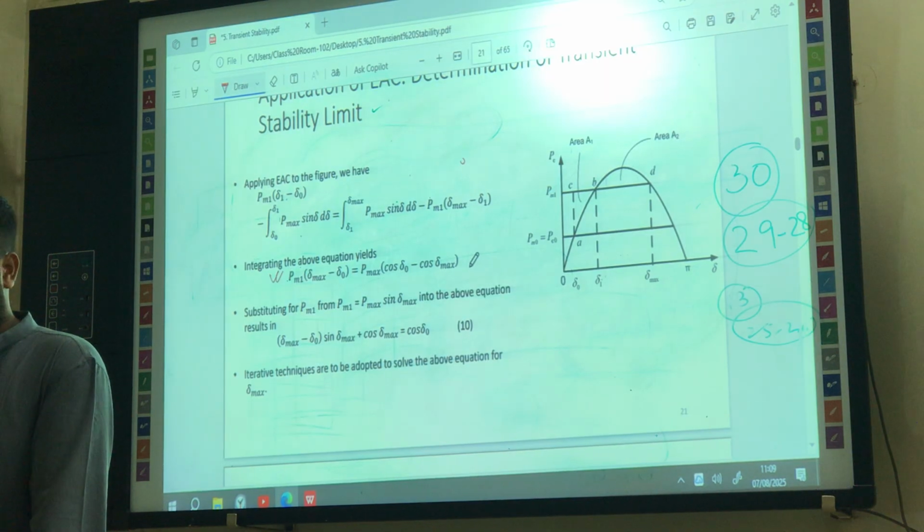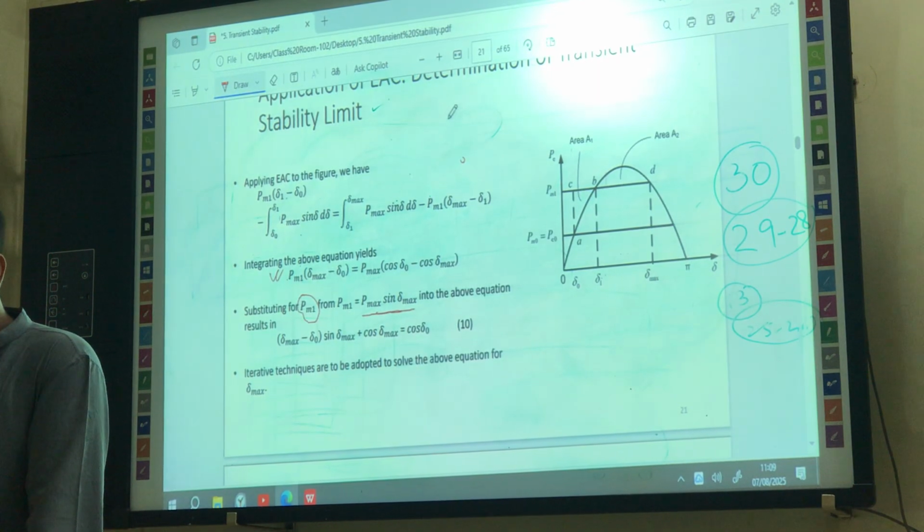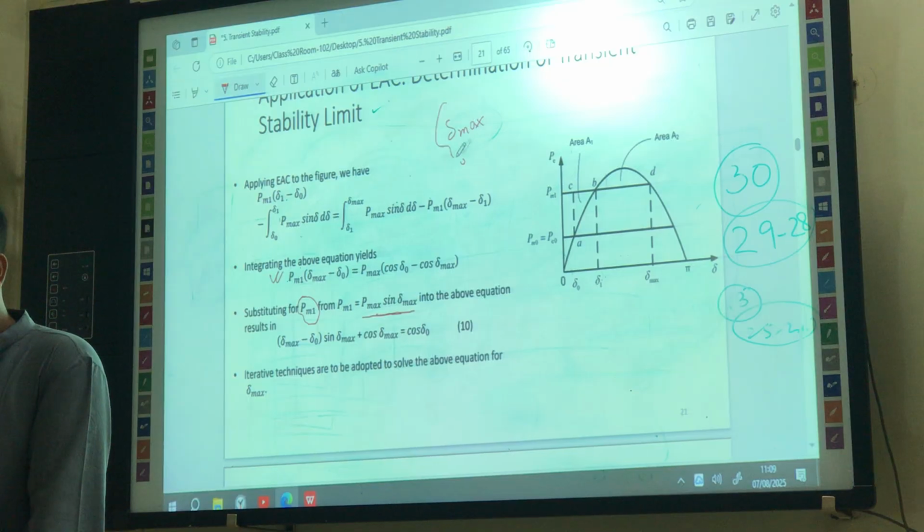Okay. Then you can substitute this Pm1 value with this. How? Because our target is now to find this value, this delta. Okay. Now in this expression we can replace this Pm1 by Pmax sin delta max.